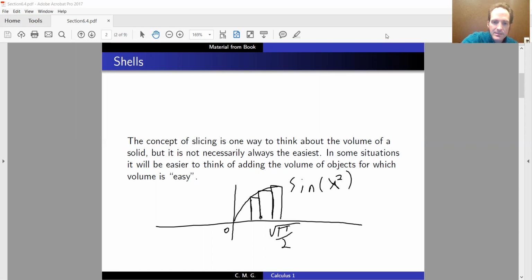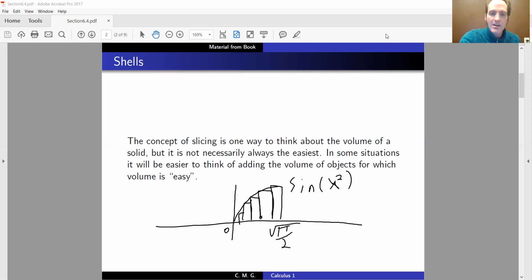So what happens when I take one of those little rectangles and revolve it around the y-axis? What actually happens here in my picture?